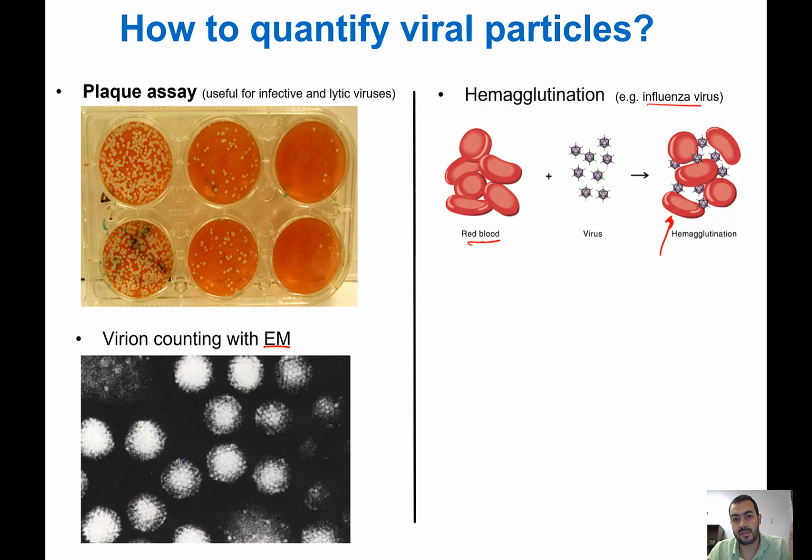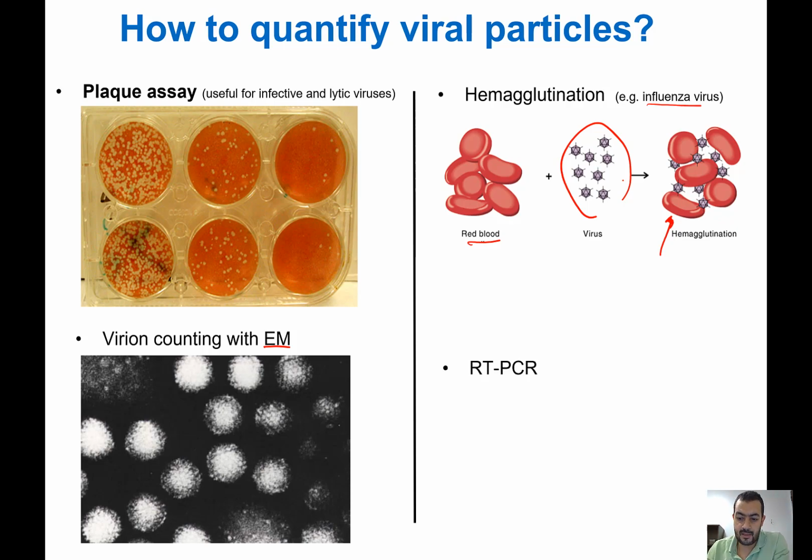They cause the red blood cells to clump together. And as we said, certain viruses do that. It's not a feature for all viruses. So one way I can quantify the viral load is by observing the effect of hemagglutination. This will give me an indication about the viral loads.